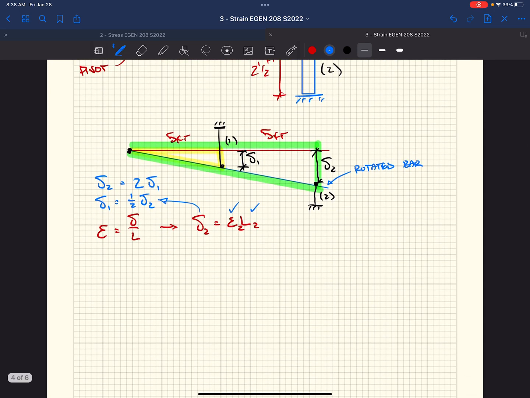So how does this look? Well, this goes something like this. We had a negative 0.003 feet per foot, and rod 2 is 2.5 feet long. So we get a delta 2 equal to negative 0.0075 feet.